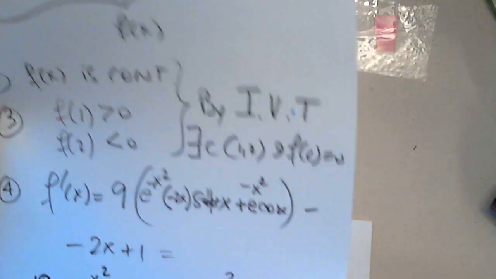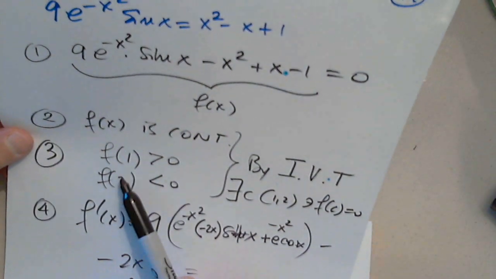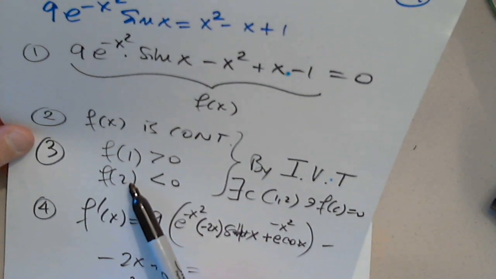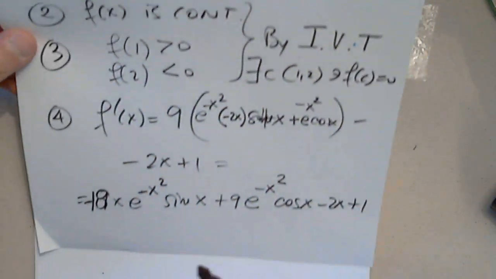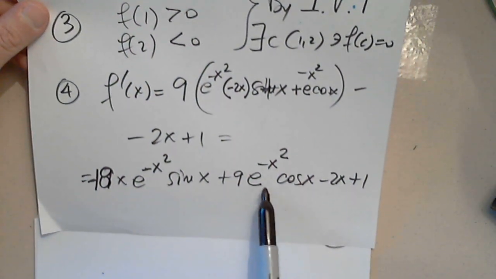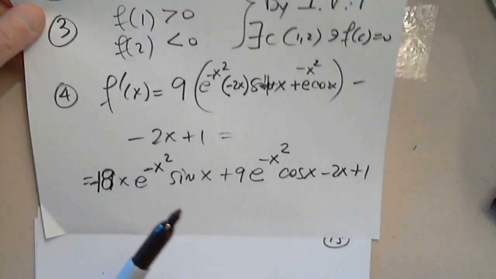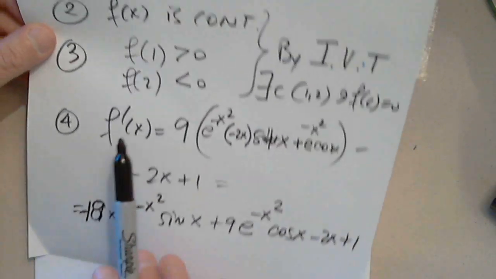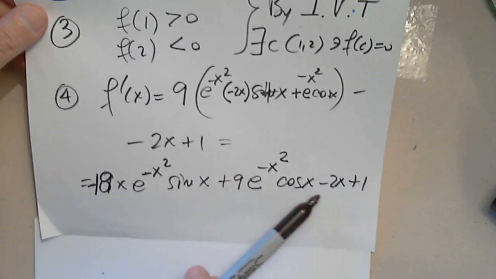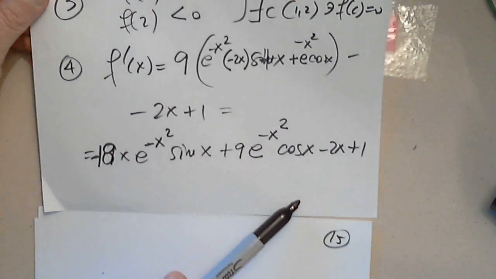Now, it doesn't matter which original value, which initial value you want to pick, either 1 or 2. Just make sure that what you pick will not make the derivative 0. It will not. This is in radians, so it will not be 0.